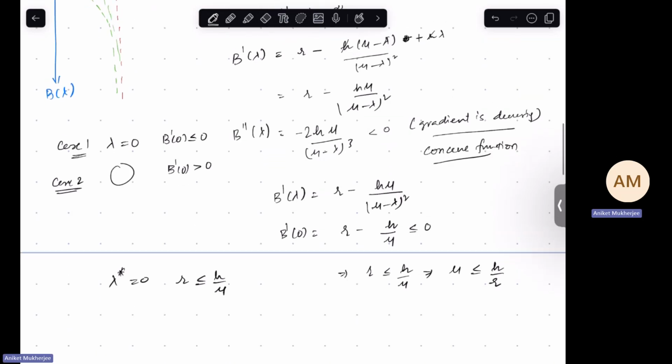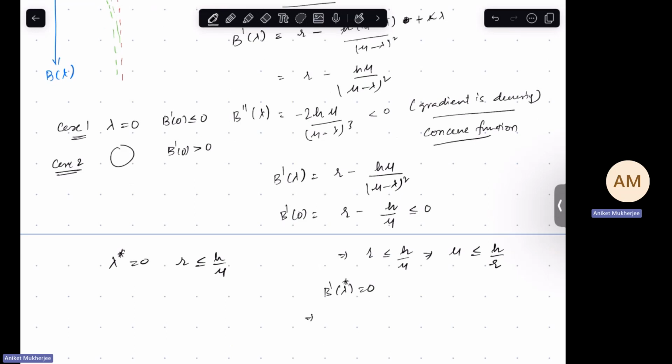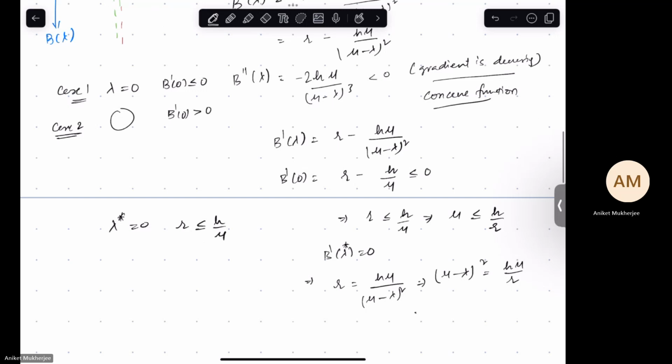And v dash of lambda equal to 0, you get the lambda star at this value. So this comes out to be r equals h mu by (mu minus lambda) whole square, which implies (mu minus lambda) whole square equals h mu by r, which implies mu minus lambda equals root of h mu by r.